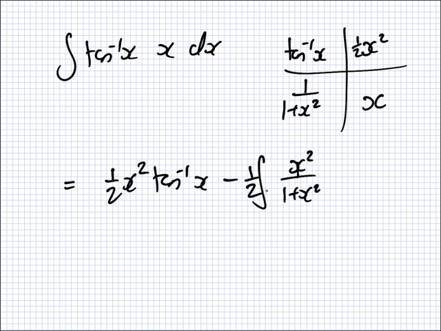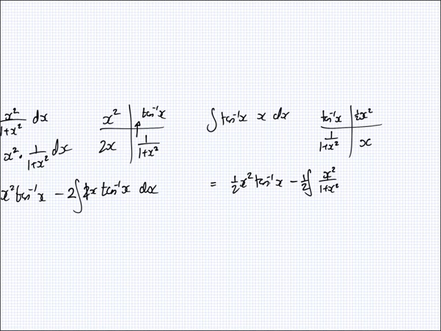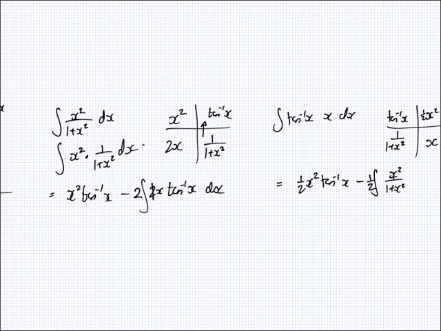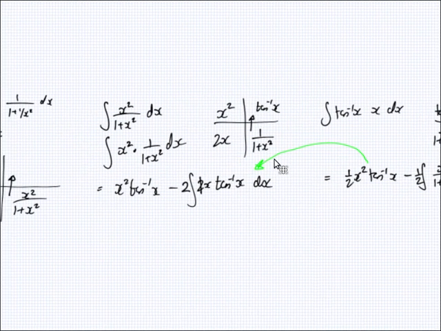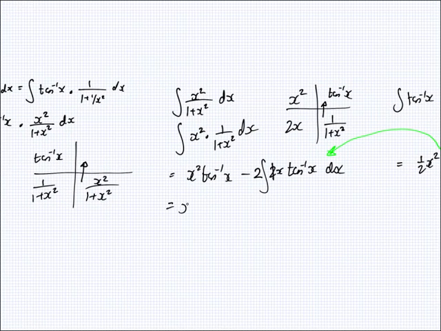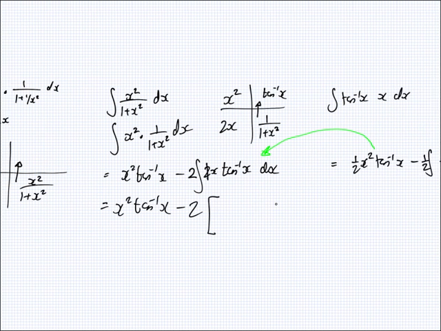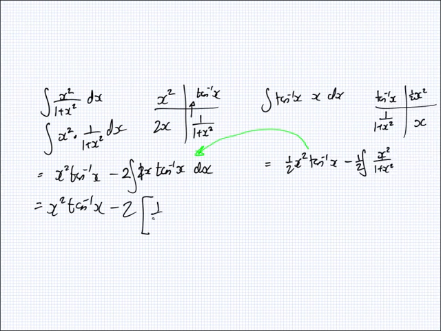Now you might think, oh, I have to continue now, but no, because what I've done is I've managed to get something which I've seen before. So we need to start looping back now. So what I'll do is, remember this was the integration of tan inverse x. So that can sub into there. So if we go back up, this now is x squared tan inverse x minus 2 bracket, now it's nice that the half is there because you can see what will happen.